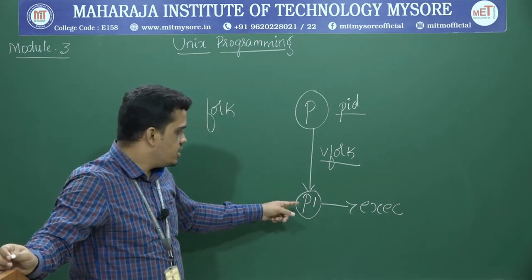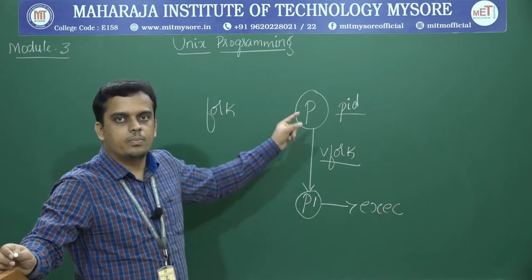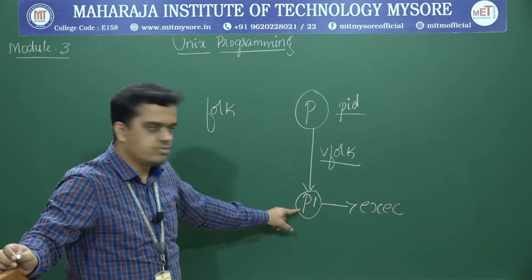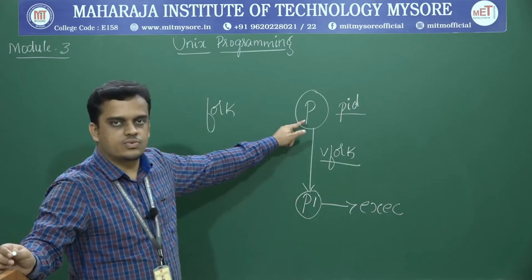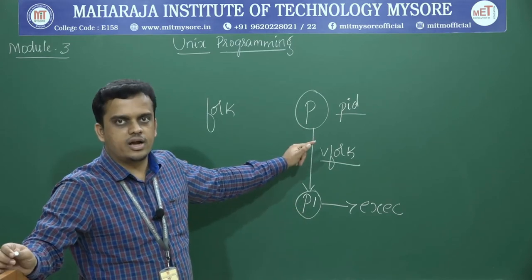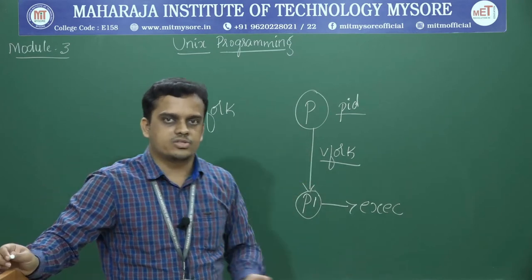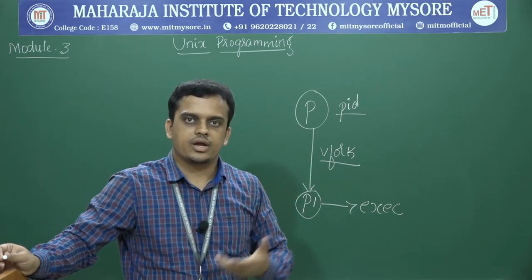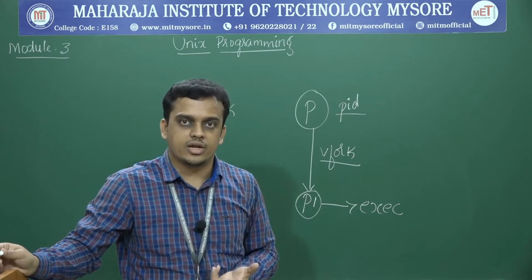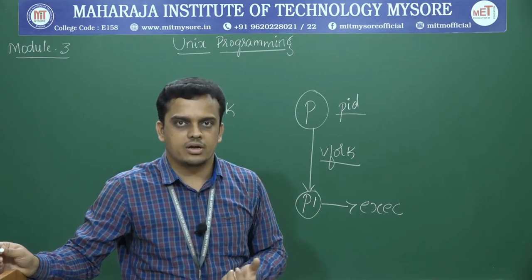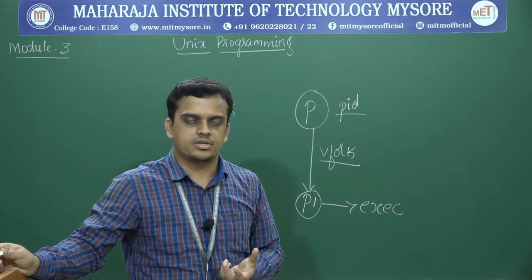And for each and every process, it will have a parent process. For example, if I consider this as a process, for this process, this will be the parent process, and it will have a parent process ID at the same time. And we got to know there are different identifiers to recognize or identify a particular process in a system, isn't it?